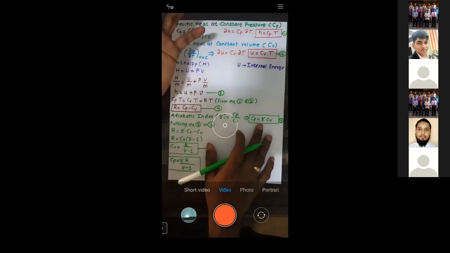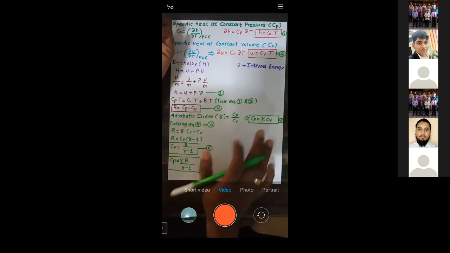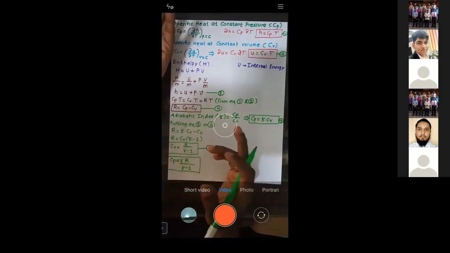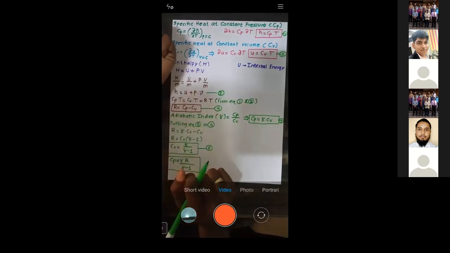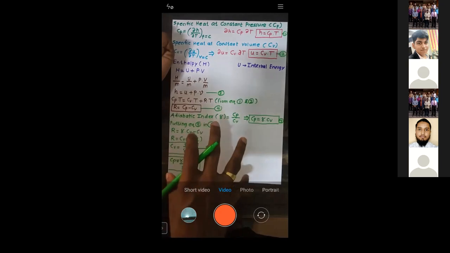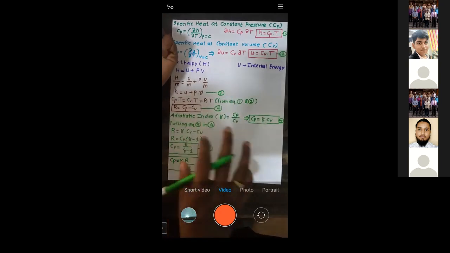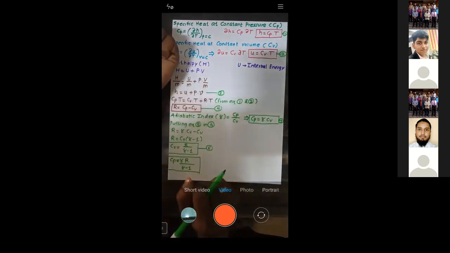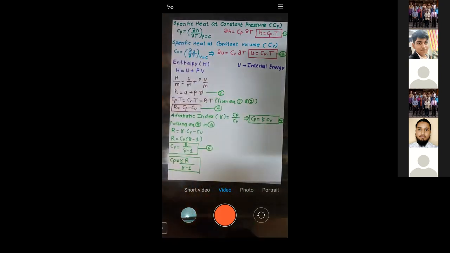In the problem, they might be giving any two values: Cp and Cv, Cp and R, or Cv and R. So based on the given data, we need to use the appropriate equations to calculate the unknowns. Is that okay, all of you?